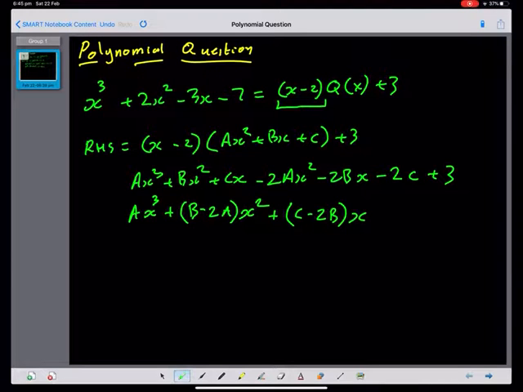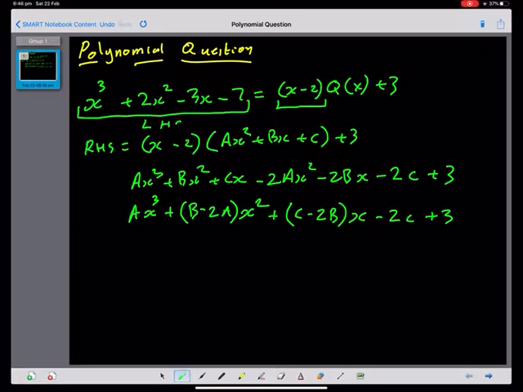And then we've got constants, negative 2c plus 3. Okay, so all we've done there is collect like terms, and then factorize the coefficients. Okay, so this is our right hand side, and let's compare now to our left hand side.